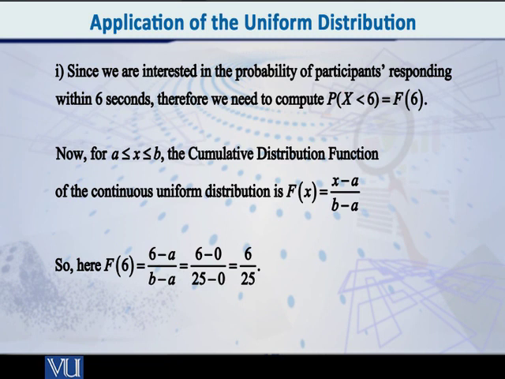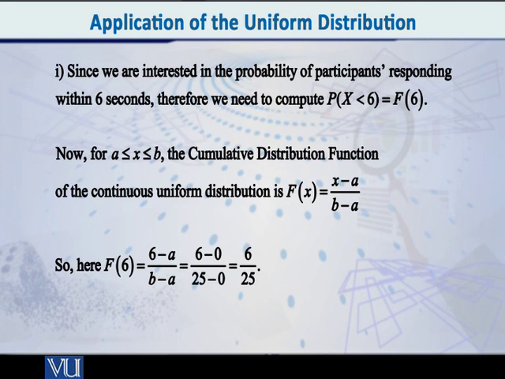So let us substitute F of x is equal to x minus 0 over 25 minus 0. तो ये क्या बन गया? x over 25. और अब now let us put x equal to 6. So what do we get? Capital F of 6 is equal to 6 over 25.